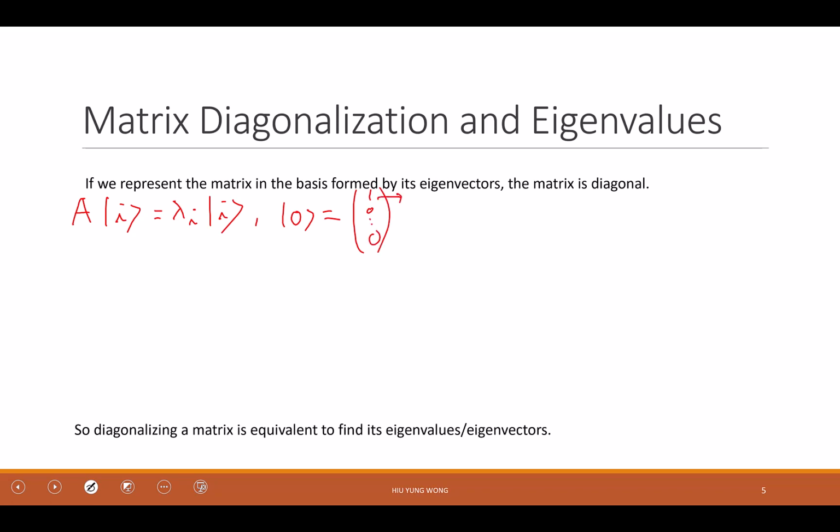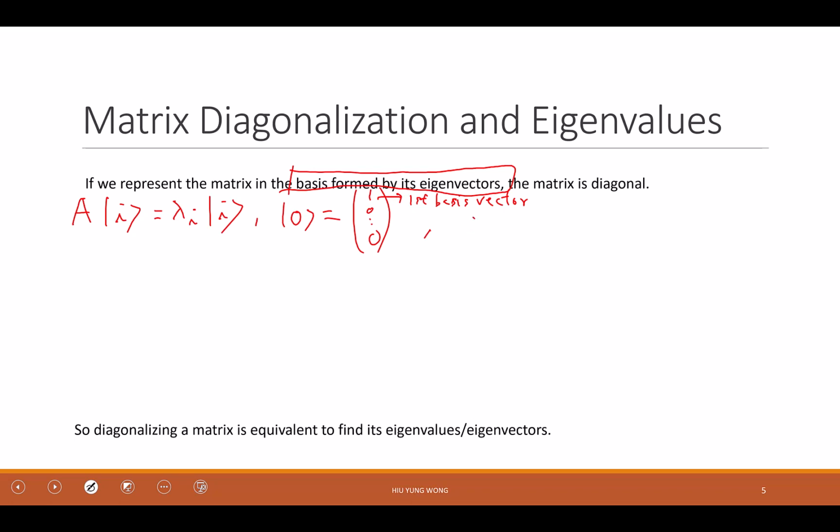Because this one is telling me I have one component of the first basis vector. Correct? That is exactly what it means. Is it clear? So when I represent the matrix in the basis formed by its eigenvector, its eigenvector must be in this form also, right?